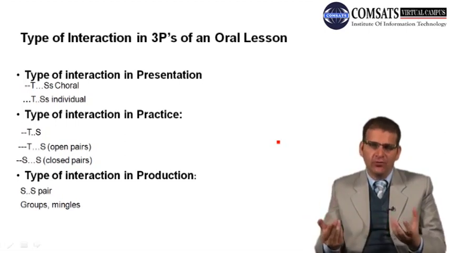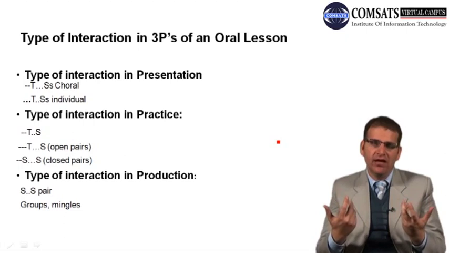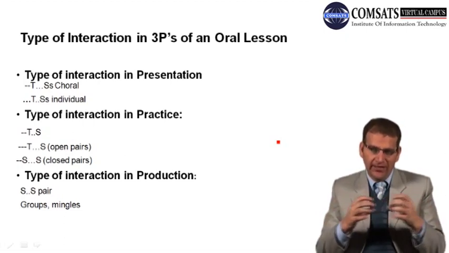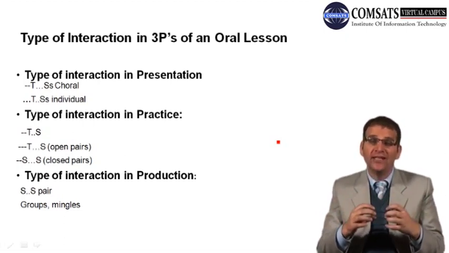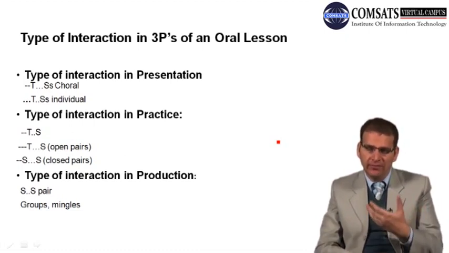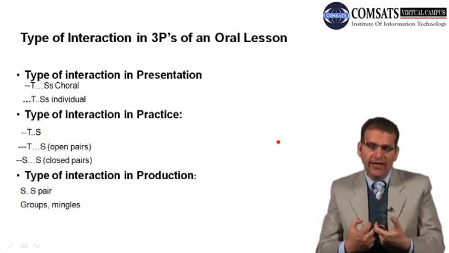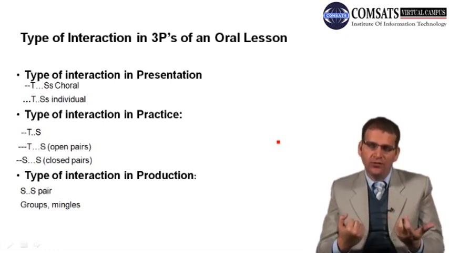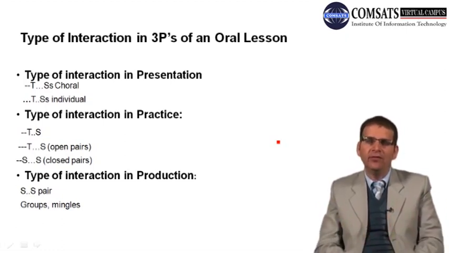Open pairs means others can discuss open-ended questions, but closed means on a particular given situation. Close-ended questions we call them. So this is the type of interaction in practice. Can be closed, it can be open, or it can be between teacher and student.